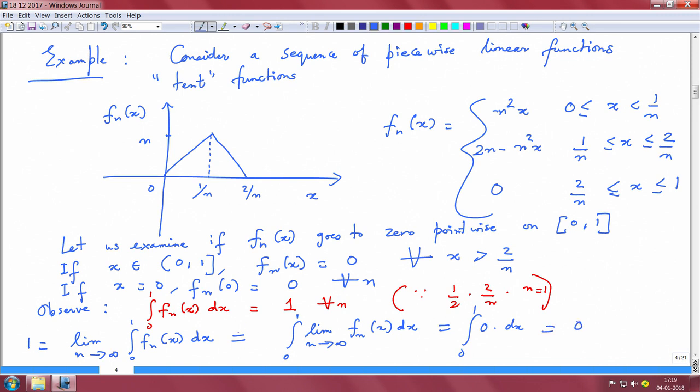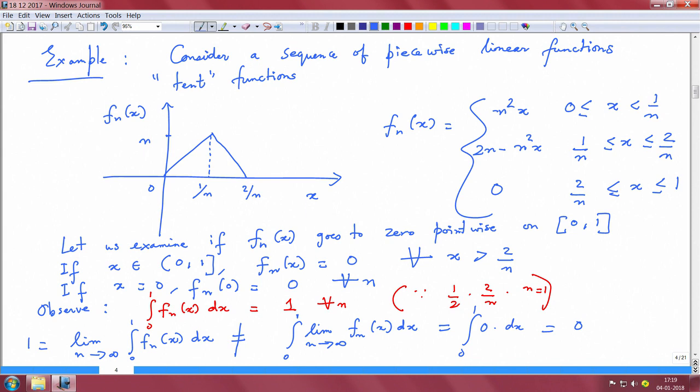Therefore, these two limits are not the same. The limit of the integral of this function is not equal to the integral of the limiting function. This is an important observation that one might make while dealing with pointwise limits. So, you may wonder if pointwise limits are anything useful at this stage.